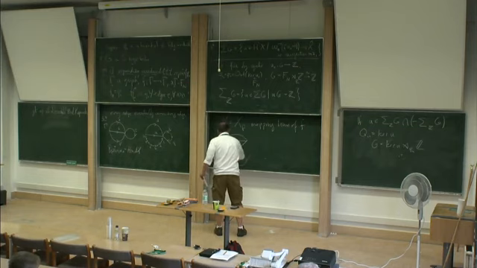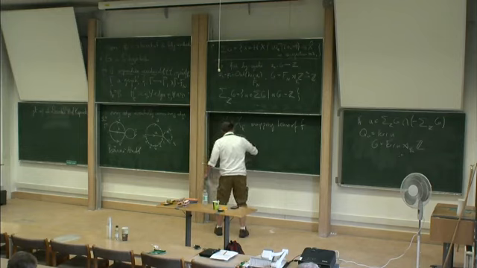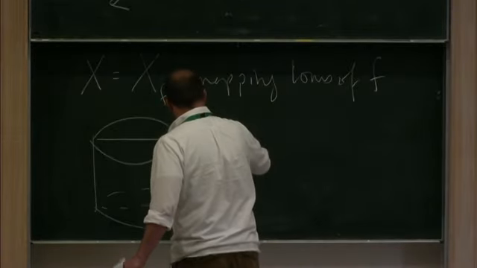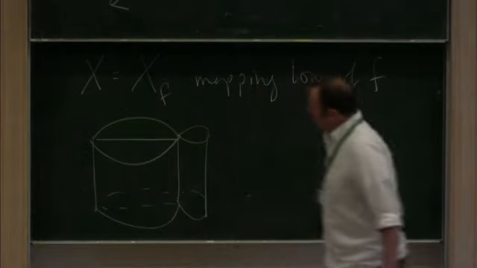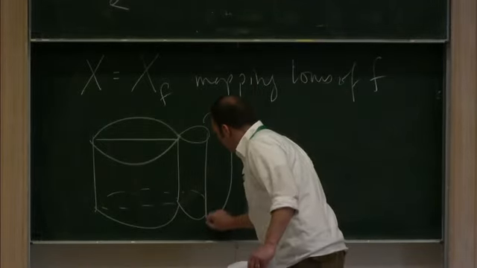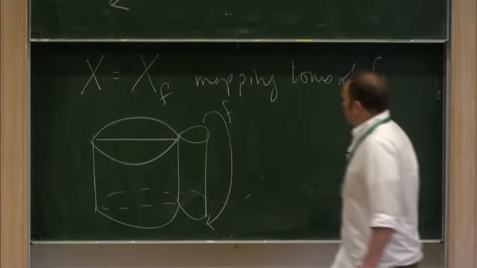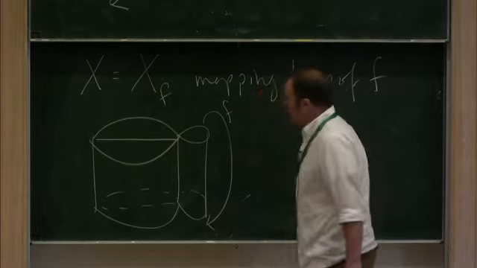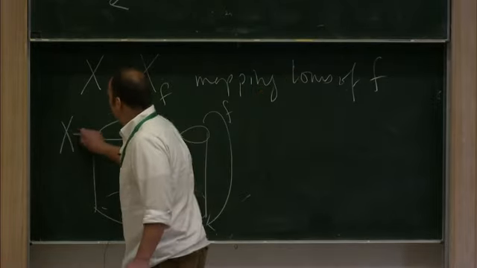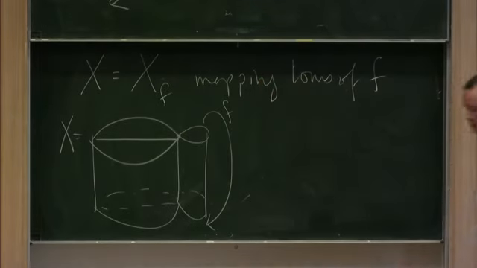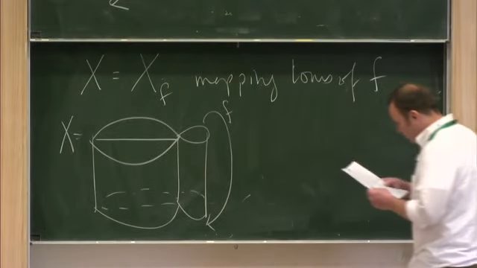We take the product of the graph with the interval, and we glue the top to the bottom by F. Okay, so that's the mapping torus. And let's see, what do I want to say about this?